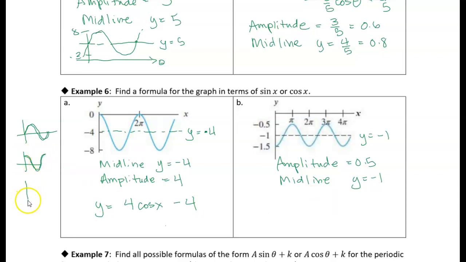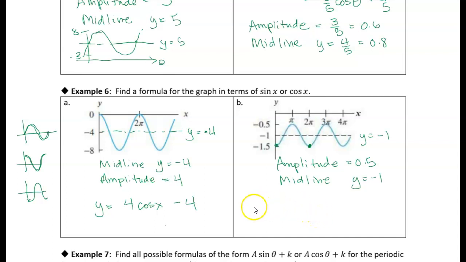We have something that starts and stops at the valley, right? Because one cycle goes from here to here. So essentially it's the reflection of a cosine across, in this case, the midline, right? So it's a reflection. So it's actually going to be the negative cosine.